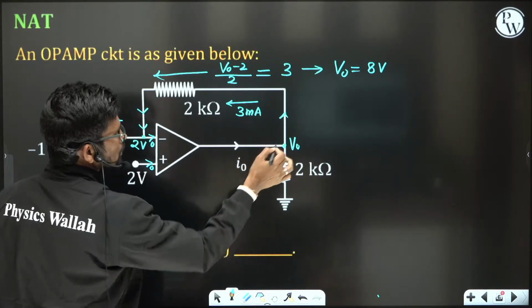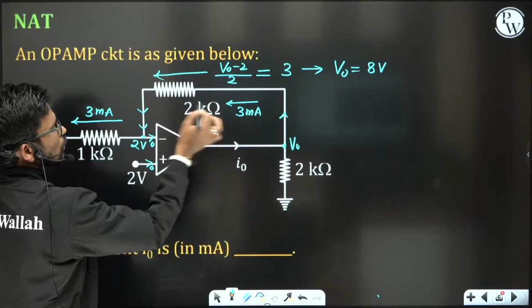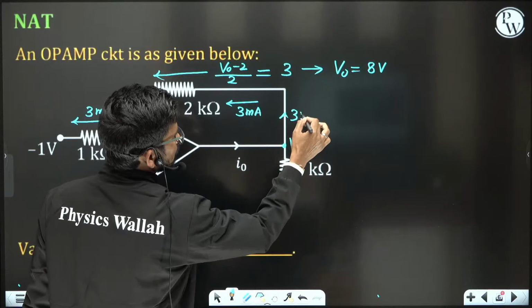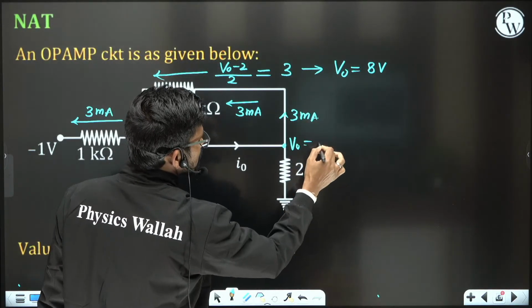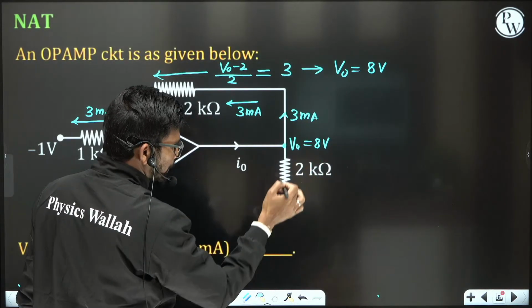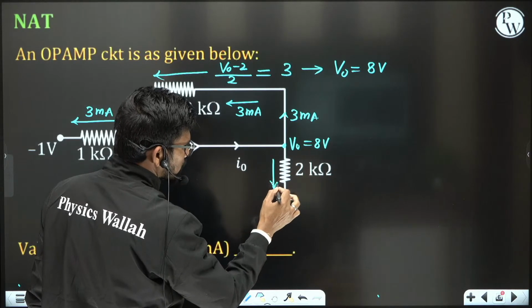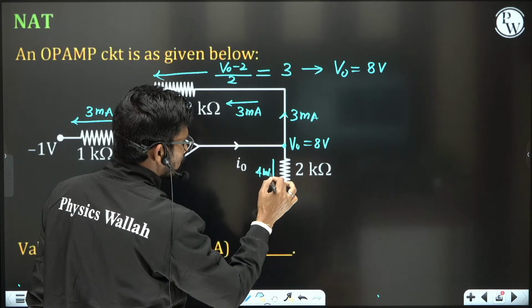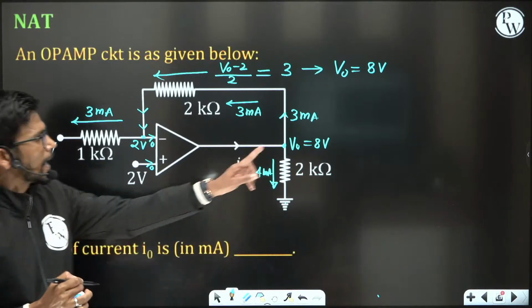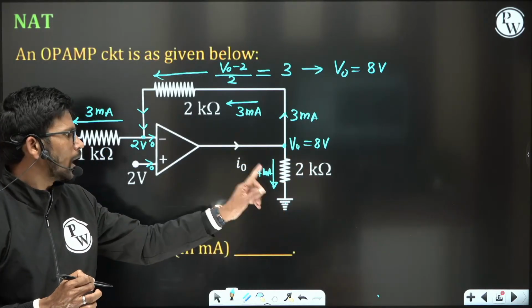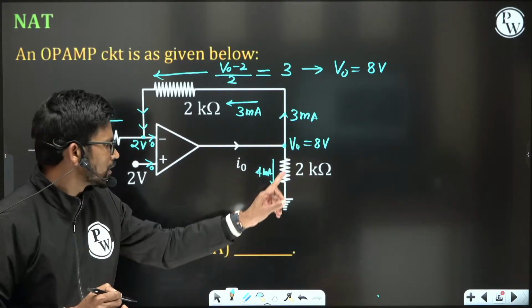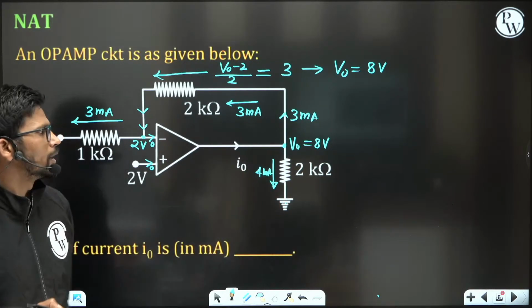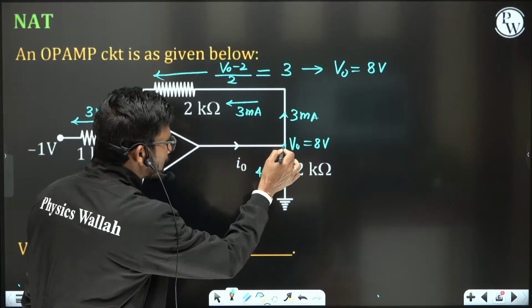Since V naught is 8 volt, 8 minus 0 upon 2, current in this direction is 4 milliampere. So apply KCL at this node.